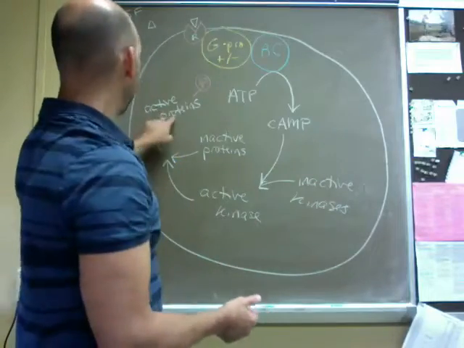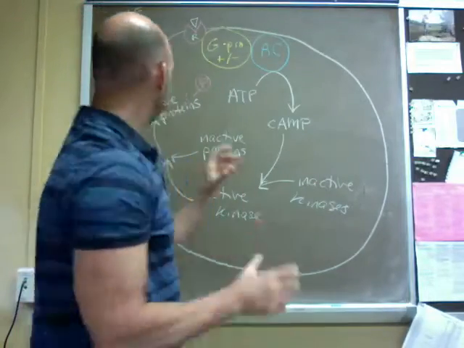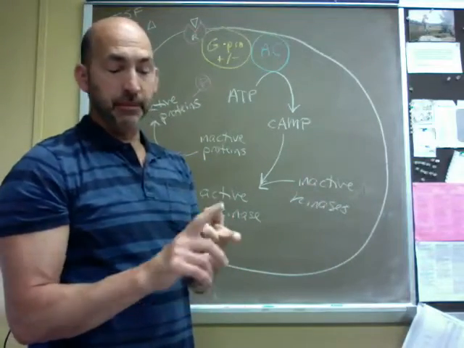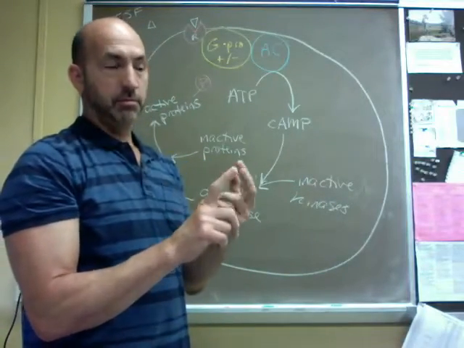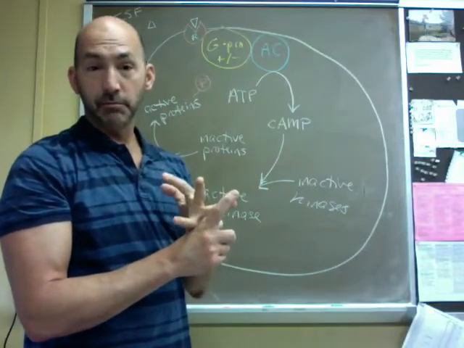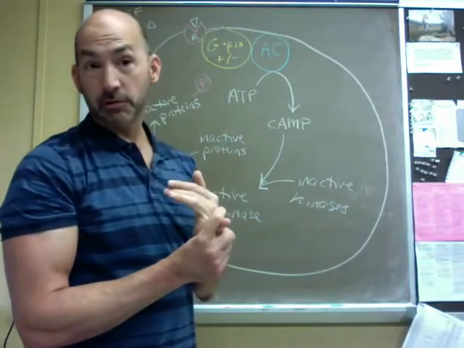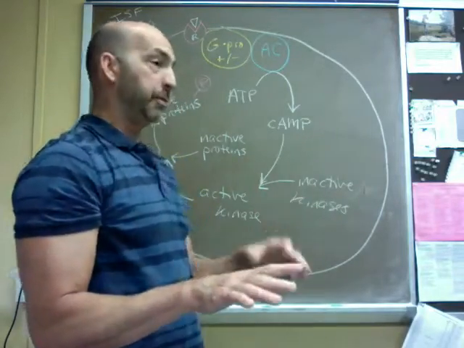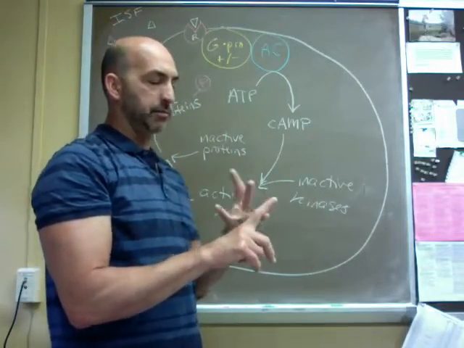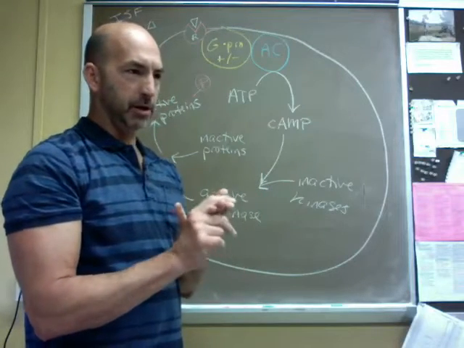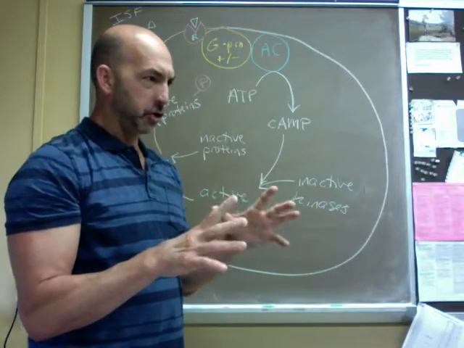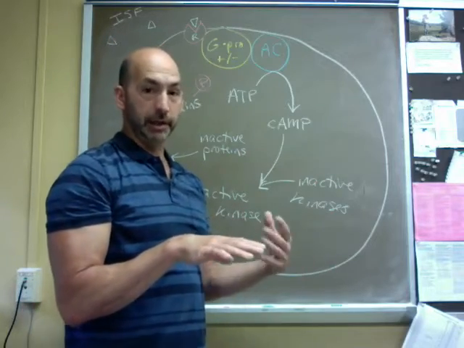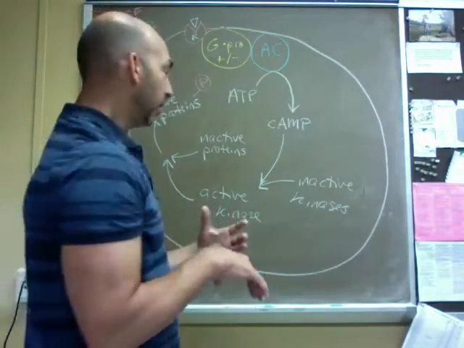So what are these proteins? I don't have room to squeeze it all in here, but those proteins can be enzymes, channels, pumps, transcription factors, right? The first of that group, the enzymes, channels, pumps, would be altering the function of proteins that are already in existence, that have already been made.